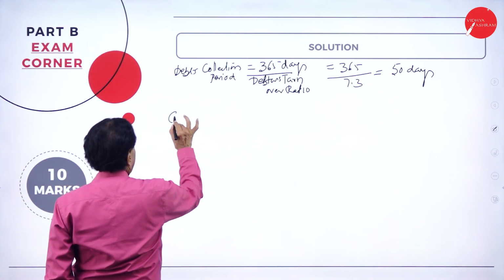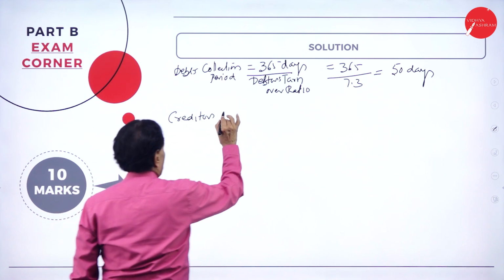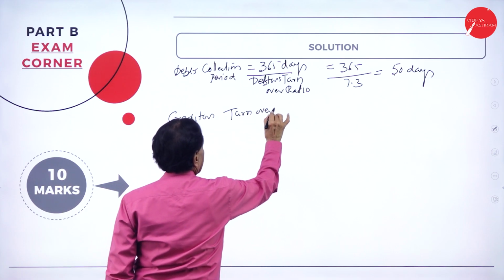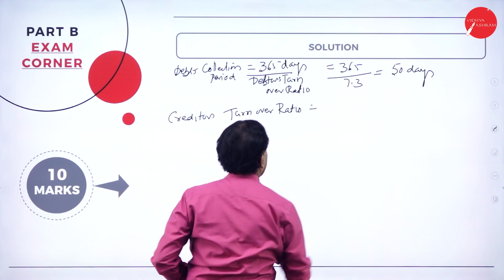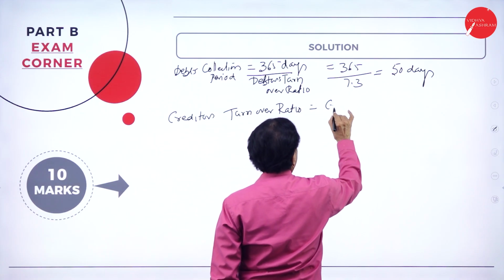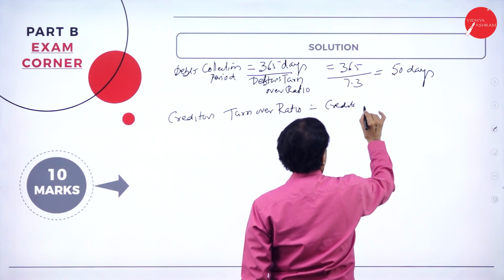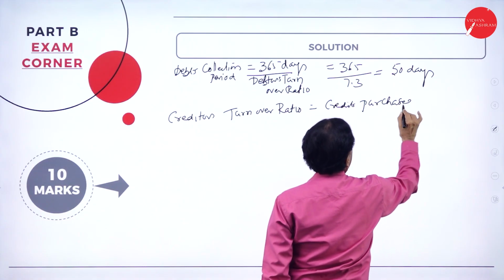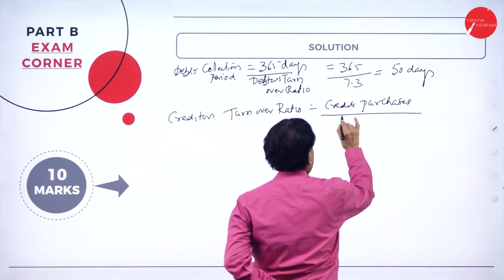Next, creditors turnover ratio is equal to credit purchases divided by average creditors.